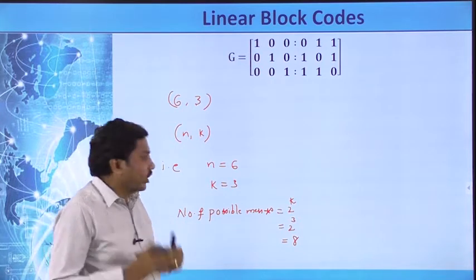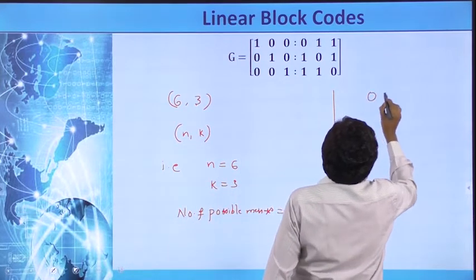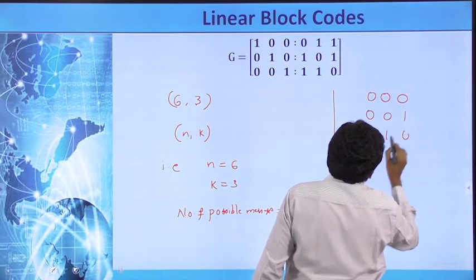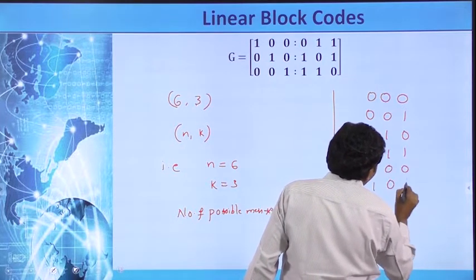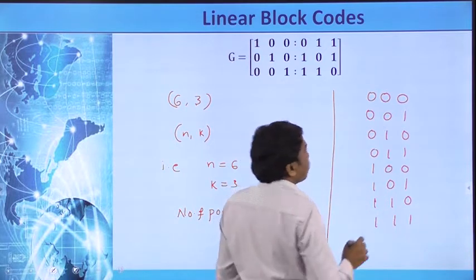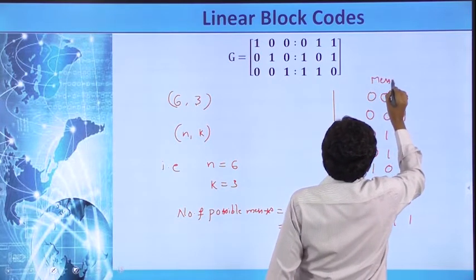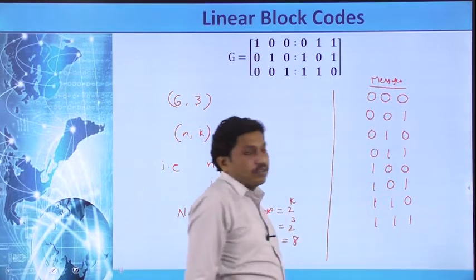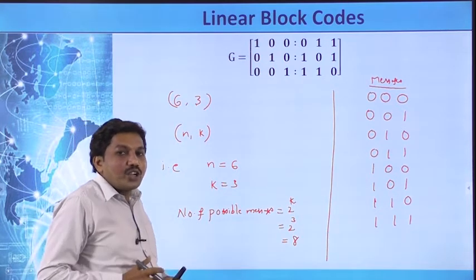So what are those 8? Those are 000, 001, 010, 011, 100, 101, 110, 111. See here, these are nothing but the messages. It's totally 8, 4 plus 4. Now, how many possible code words are there?